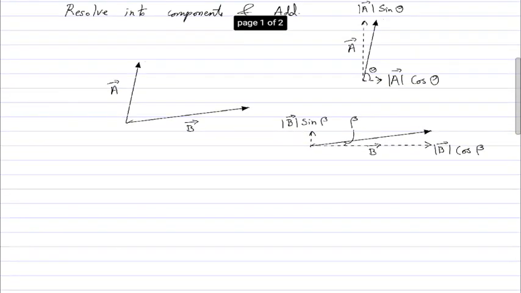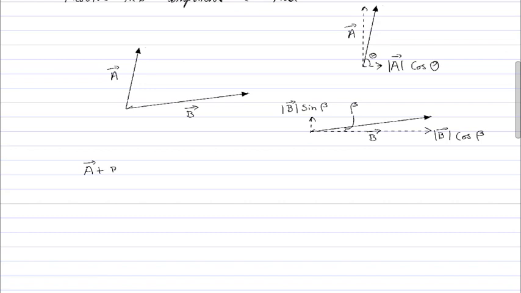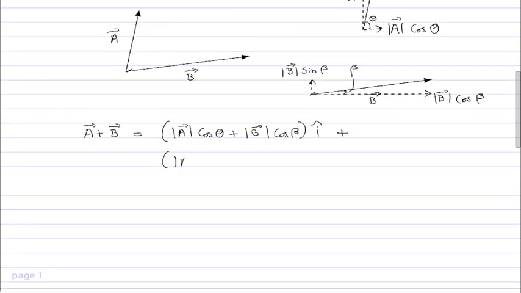And the way you add a and b is just add their x components and y components separately. So the x component of a, which is a cosine beta, plus the x component of b, which is b cosine beta, times i hat, plus the y component of a, which is a sine beta, plus the y component of b, which is b sine beta, times j hat.